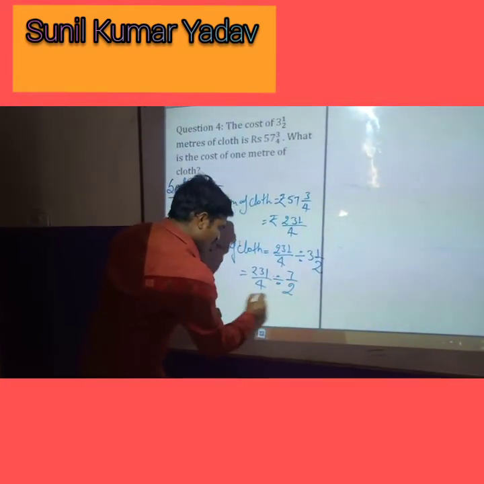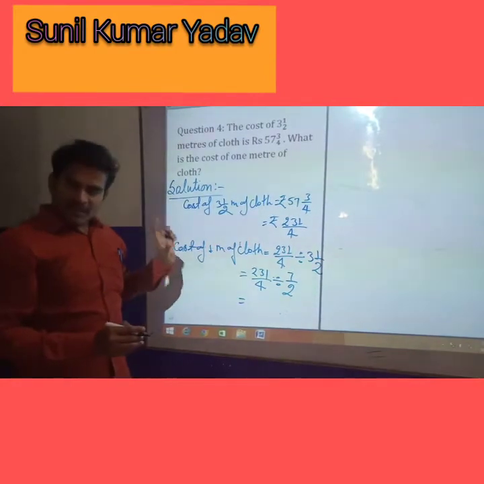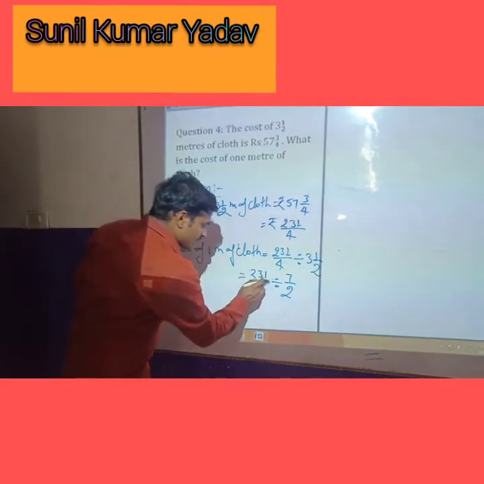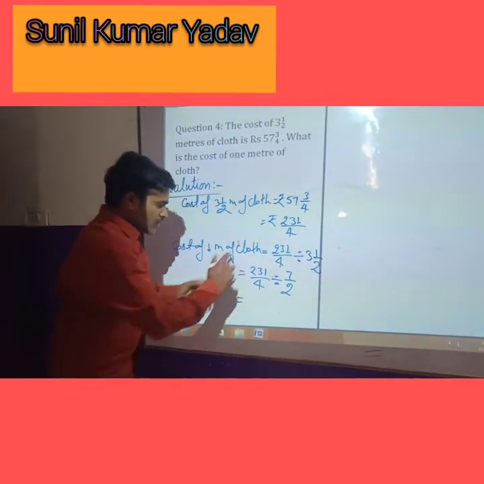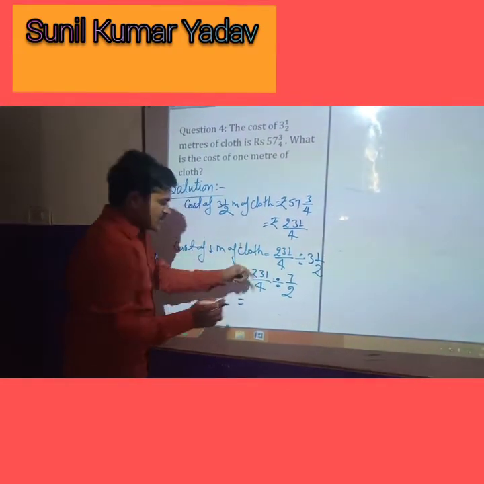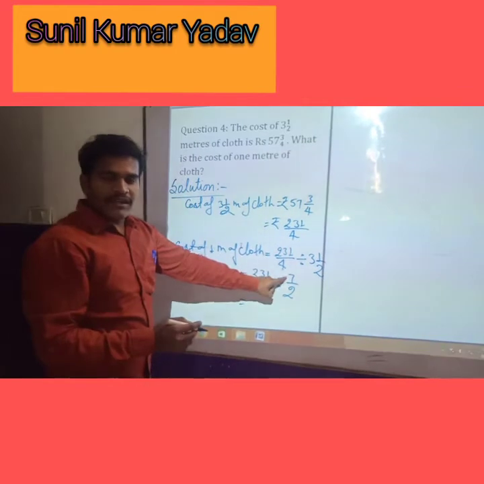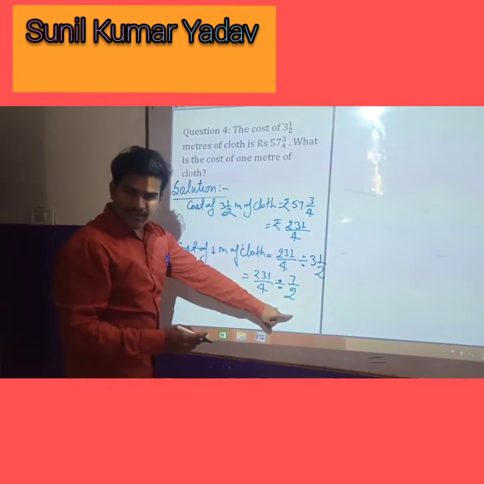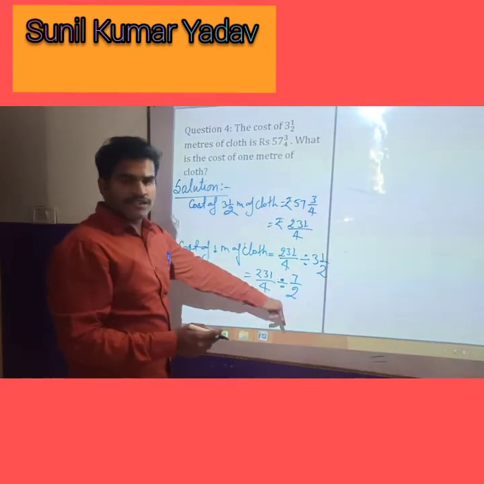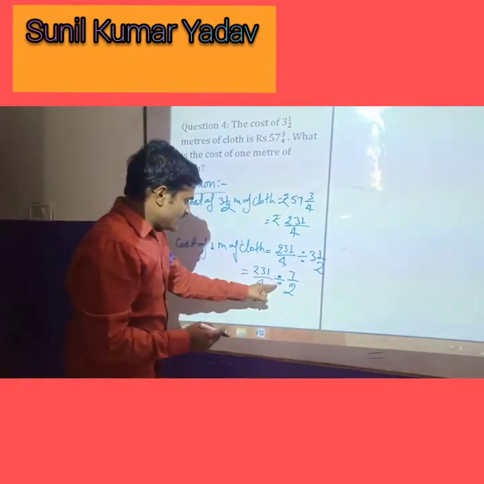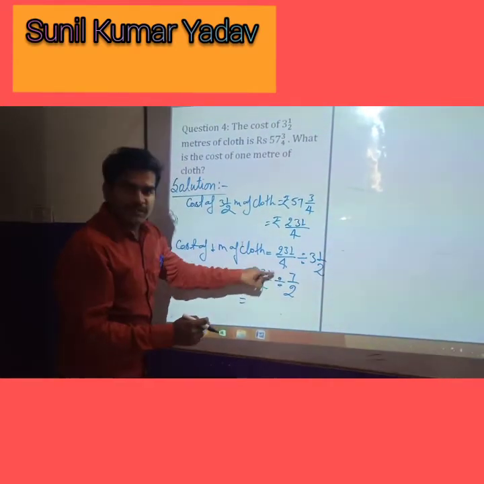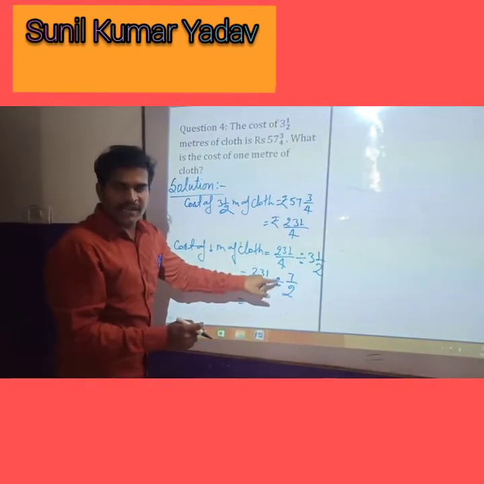As you remember in the last class, when you divide rational numbers, you write the reciprocal of the divisor. Here the divisor is 7 upon 2, so its reciprocal is 2 upon 7. And the sign of division is replaced by the sign of multiplication.